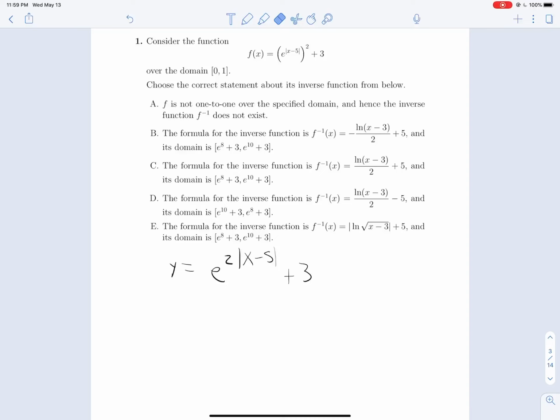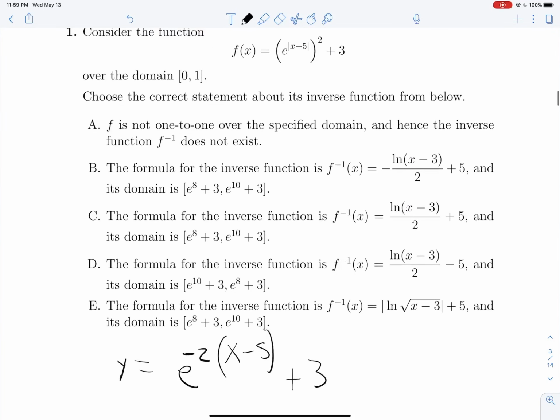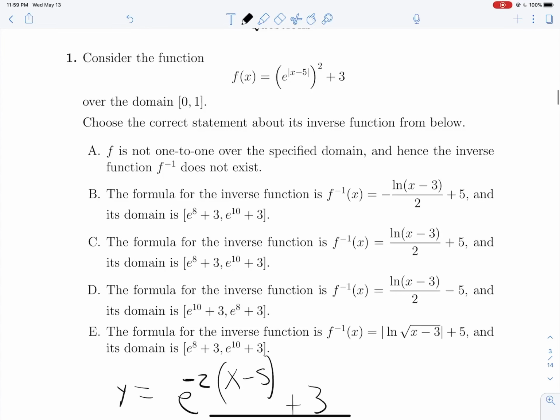So it's a little counterintuitive, but we can turn it into a parentheses, as long as we put a negative sign outside of it, because what this absolute value is really doing over this domain is always flipping the sign of what we have in absolute values right there from negative to positive. So this will do the same.